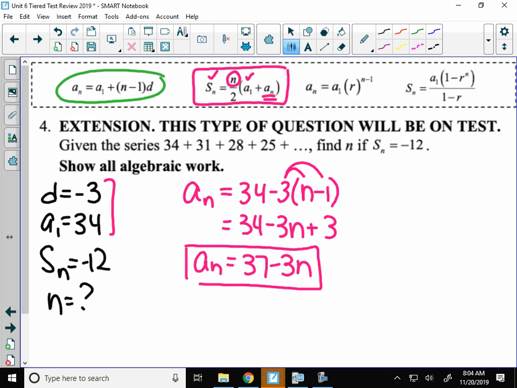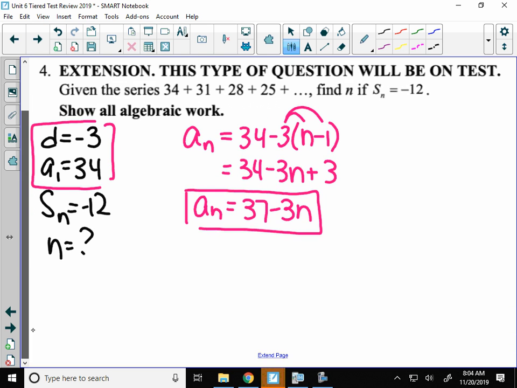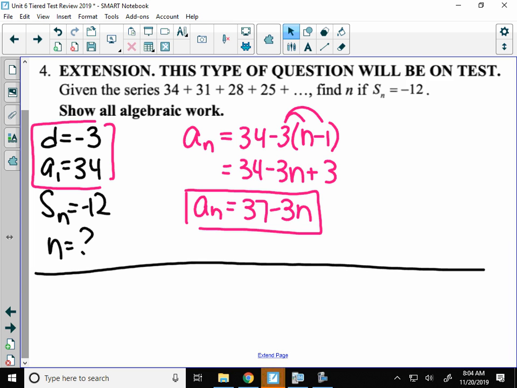Now that I know that information, I can at least fill in the S sub n formula. So I'm going to scroll down here a little bit. I know S sub n is negative 12, and I'm going to set that equal to n over 2.